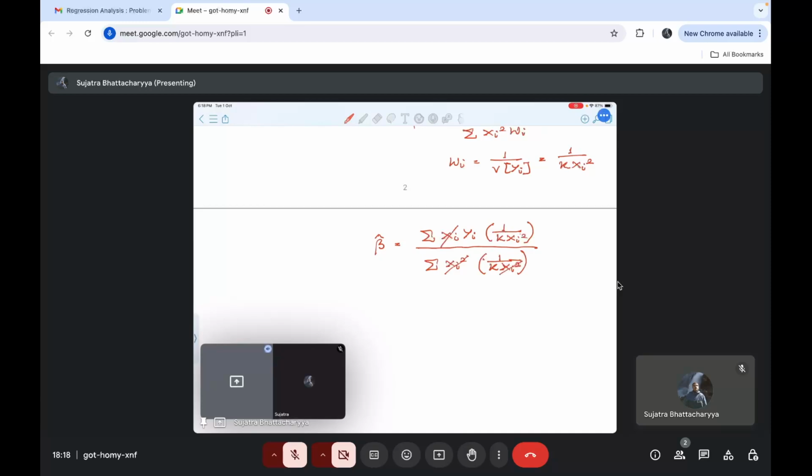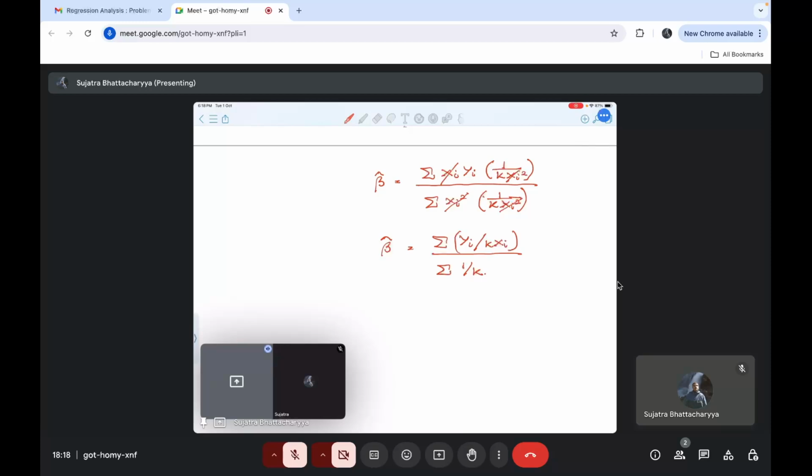This and this will give you one xi. So finally, this becomes summation yi divided by kxi, divided by summation 1 upon k. Right? This is what we are getting.